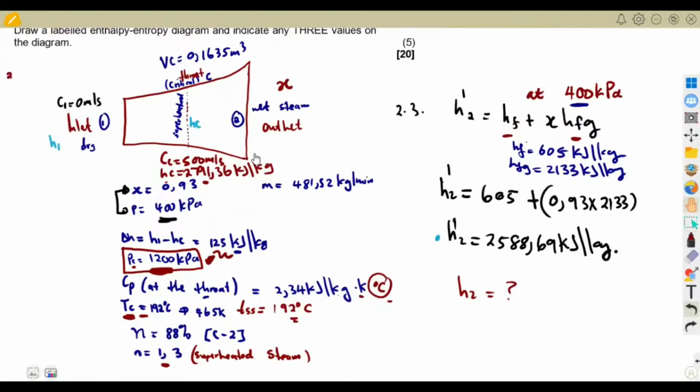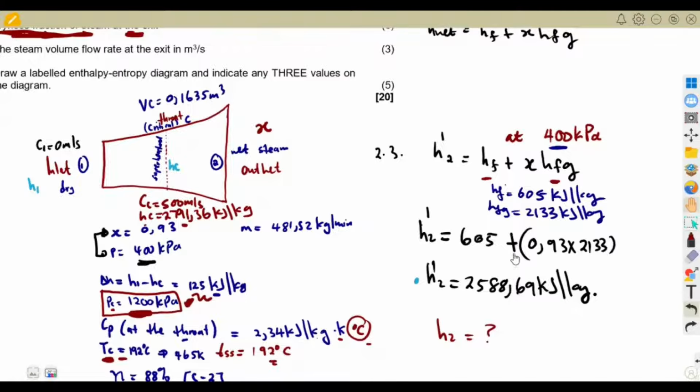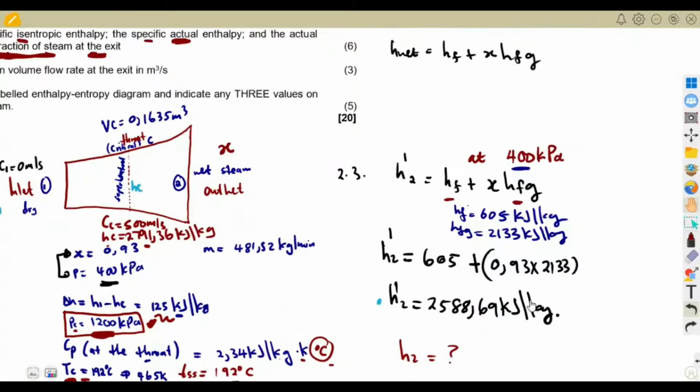Remember, the efficiency is for the divergent from C to 2. So we can take advantage of that efficiency. If we check here, I just hope I inserted the formulas for the efficiency.